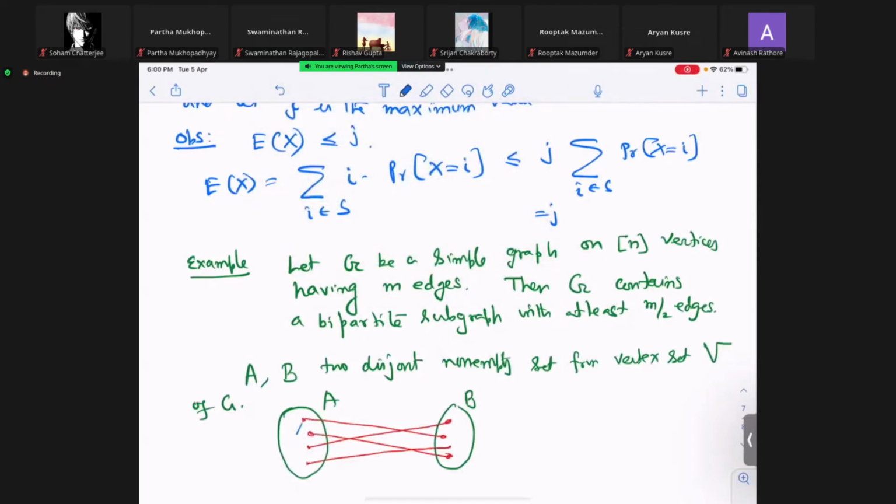There could be some edges inside these sets also, right? Here. We can ignore these edges.